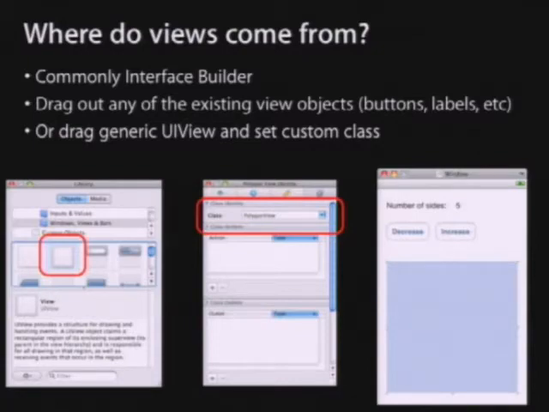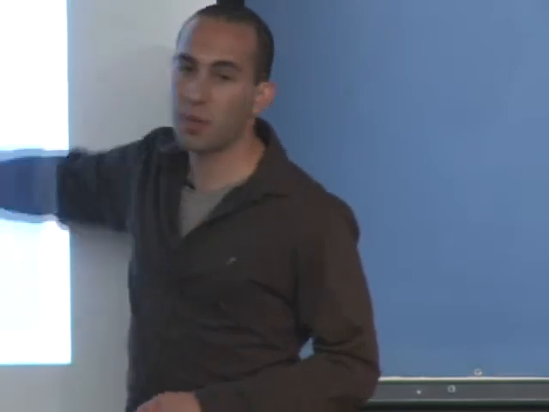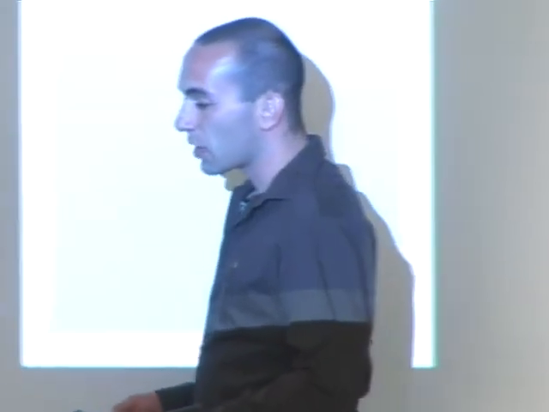If you take a UISlider, there's a UISlider in there. When you drag those in, you get the view and you get the behavior of a slider and a button. These are actually UIButtons that got dragged in. Those are subclasses of UIView. The difference is that your own subclasses won't appear in there. So if you want your own subclass, you have to drag the generic UIView and then tell the view that it's actually a member of your class.